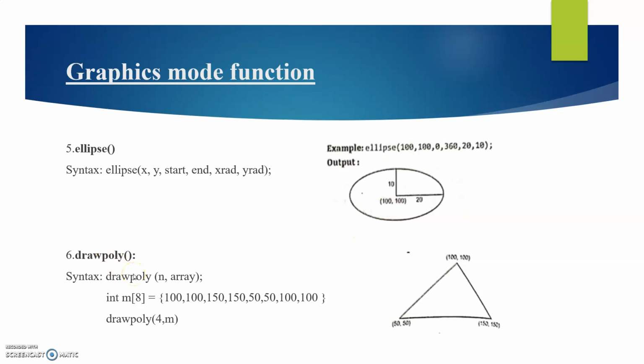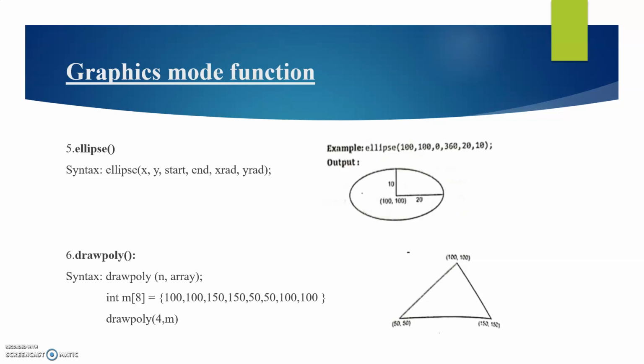The next graphics mode function is drawpoly. It draws the outline of a polygon having a specified number of sides. The syntax is drawpoly(n, array); where n is the number of vertices of the polygon plus 1. The array is an integer array name which stores the coordinates of the vertices of the polygon.